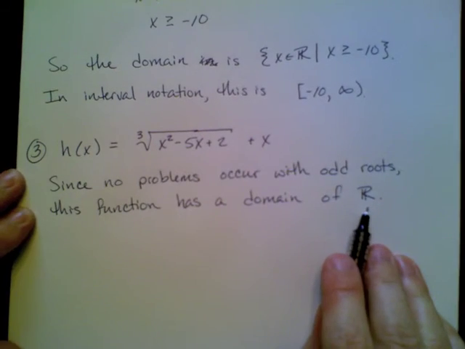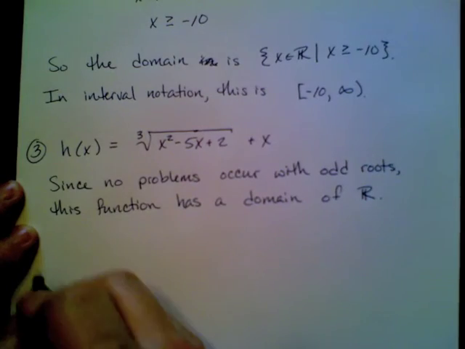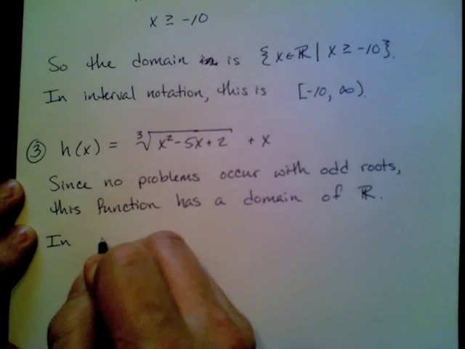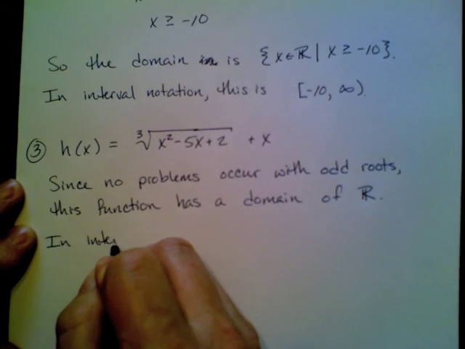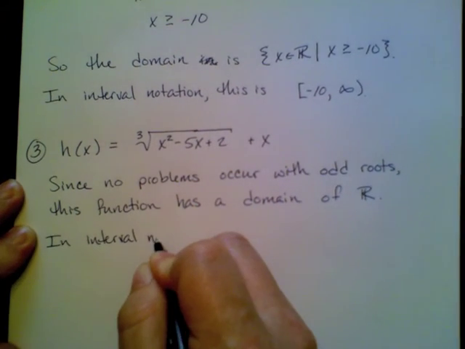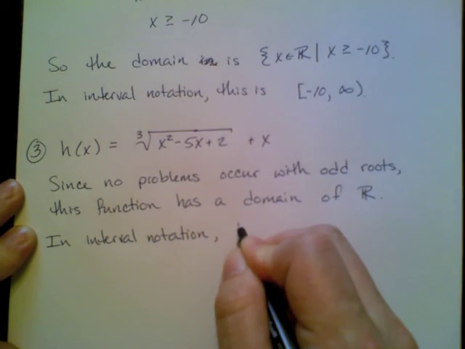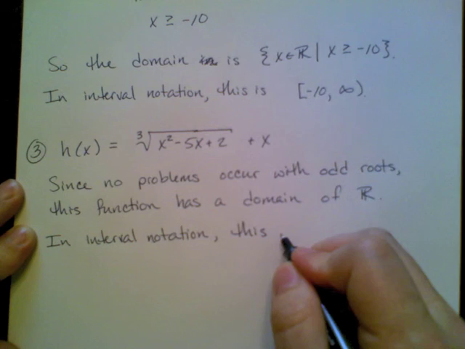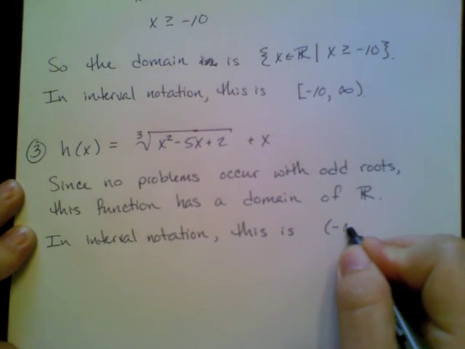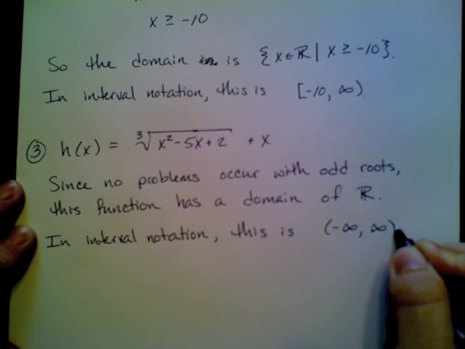Well, that's our symbol for the set of real numbers. And if you want to put it in interval notation, this is the interval from negative infinity to positive infinity.